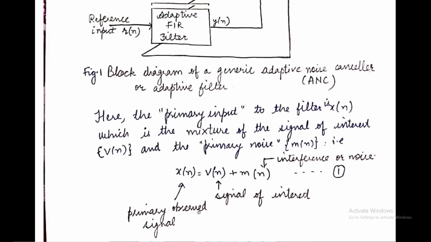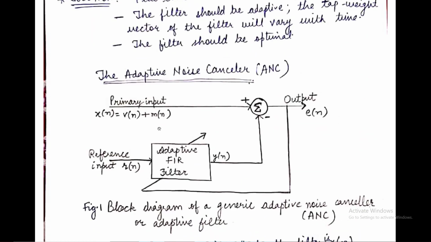We have the primary input and the reference input, and this reference input is fed to the adaptive filter, which has varying tap weights. The output of this is Yn, which should be closely related to the noise.